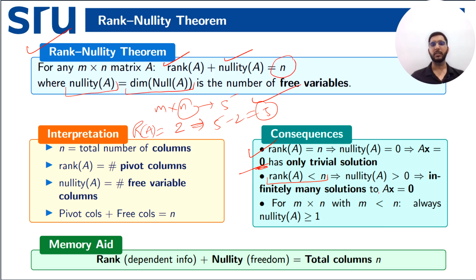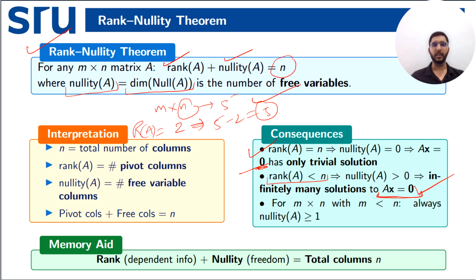Which system? The system Ax equal to 0. If the rank of A is less than n, that means nullity is definitely greater than 0, which means some free variables are definitely there, so there are infinitely many solutions for the system Ax equal to 0.